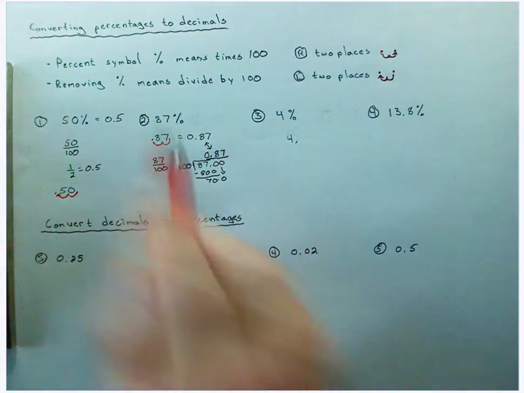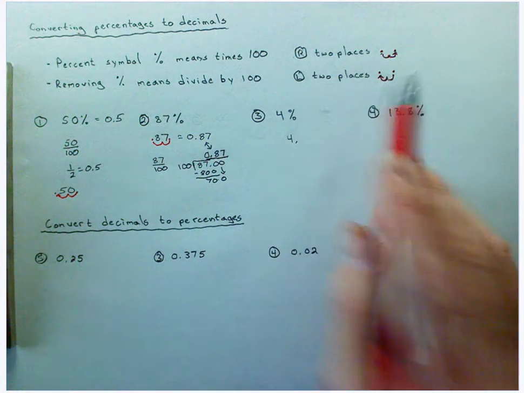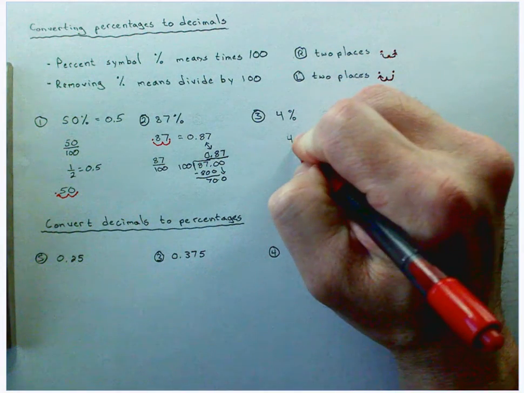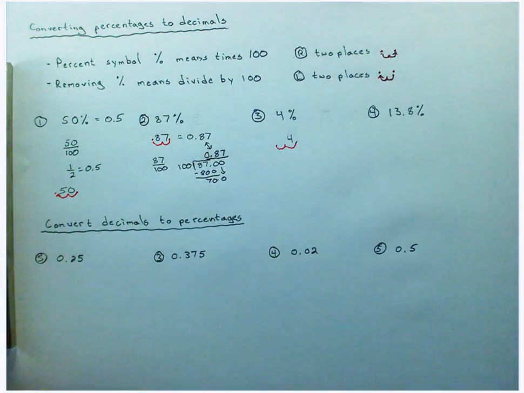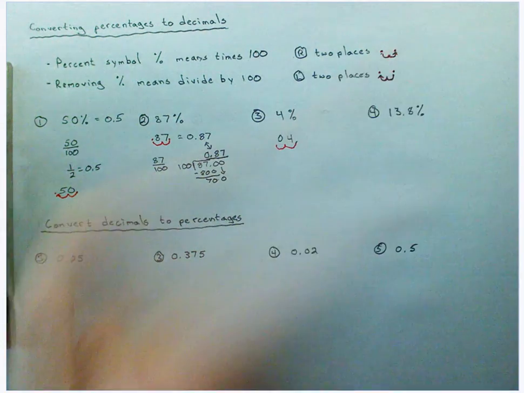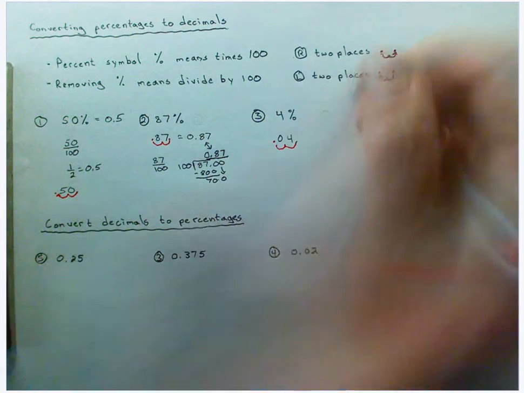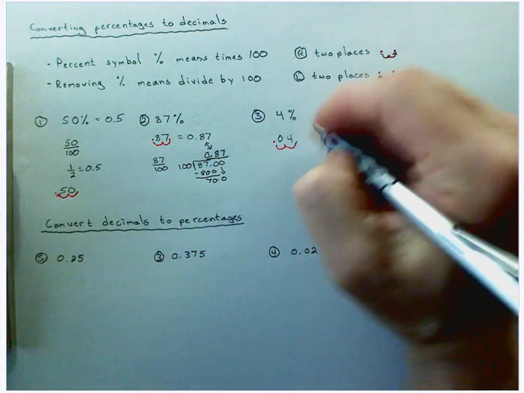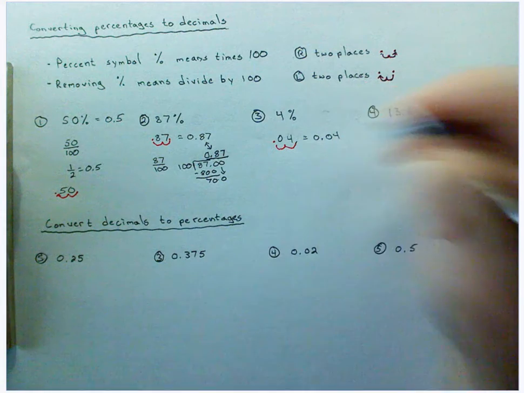What we know is we're removing the percent sign, so that means move the decimal place 2 spots to the left. 1, 2. Well, there's nothing there. 0 is your space filler. You always use zeros to fill in the space. So I just add a 0 to it, and I put my new decimal point there. So what I end up having is 4% is equal to 0.04.